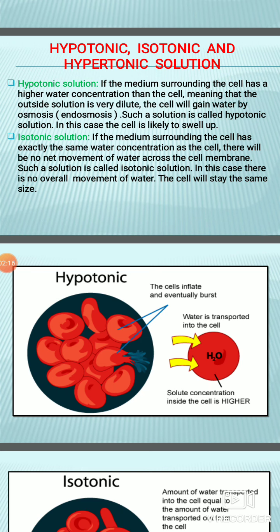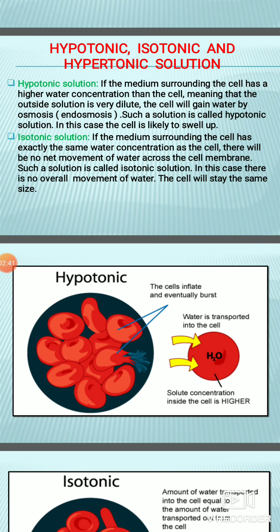As I have already told you, and you have also seen in the video, hypotonic means less salt concentration and more water concentration. So as compared to the outside water concentration, the water present inside the cell is less. As you all know, due to osmosis, the water from the outside environment will start entering the red blood cell.